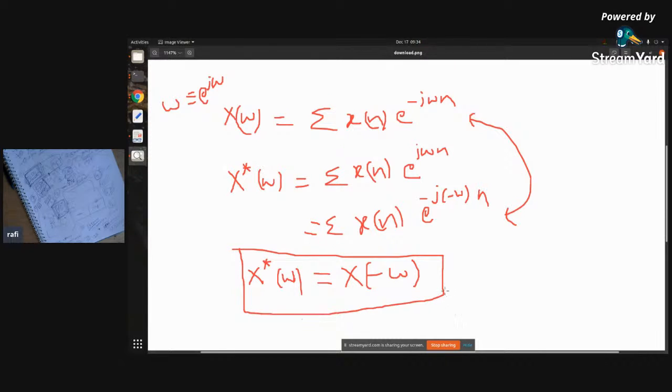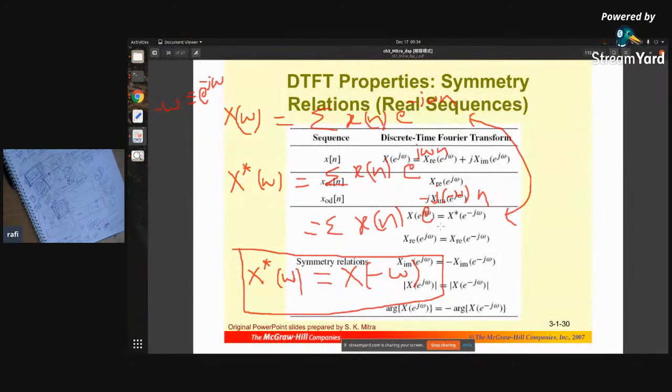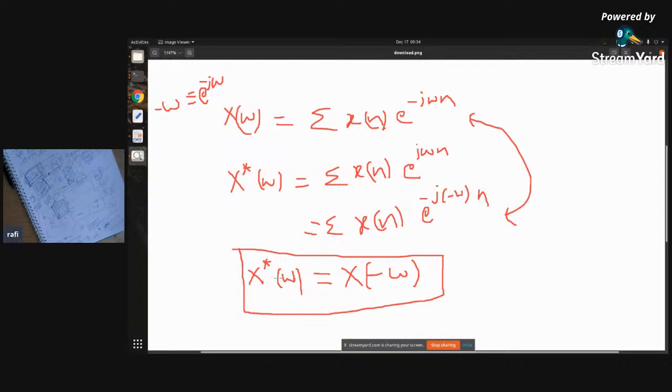So this is one really important property we need to have. Minus omega means here this is e power minus j omega. Wherever omega is there, you put minus omega. So that's what the property here is. X of omega is equal to X star of minus omega. Or you can just put from here, what is X star of minus omega? Wherever omega is there, put minus omega.